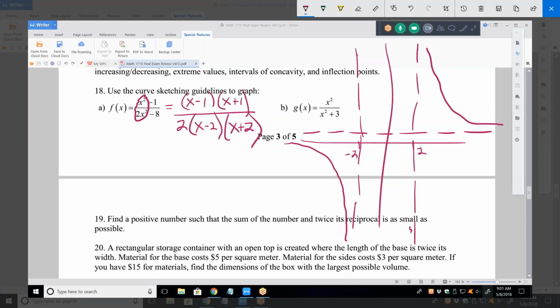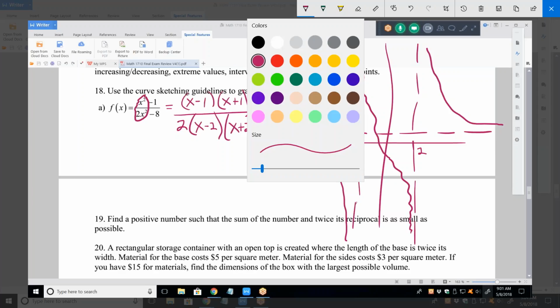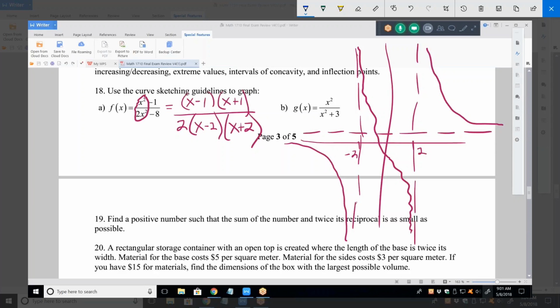Now what it does in between, it can do this, or it can do this. Okay, that's usually the possibilities. Now I may be in the wrong quadrants. Instead of being in the upper right-hand quadrant, that hyperbola may be in the lower right. But I can answer all of those questions.